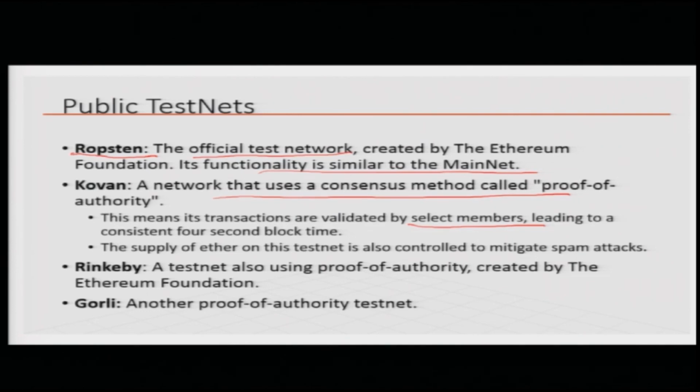Therefore with proof of authority, since only a select few members with strong identity proofs are going to make the validation, we are going to see faster mining and faster transaction time. So a 4-second block time is what we see in proof of authority type of cases. The supply of Ether on this net is also controlled to mitigate spam attacks. So this is another thing that is different from Ropsten other than the consensus mechanism.